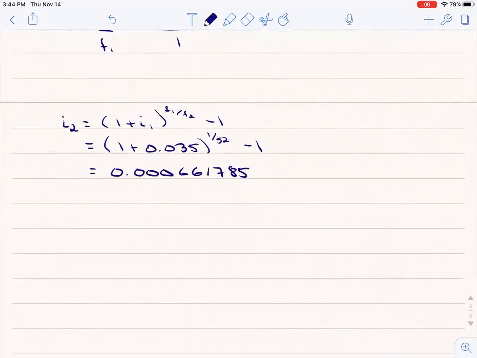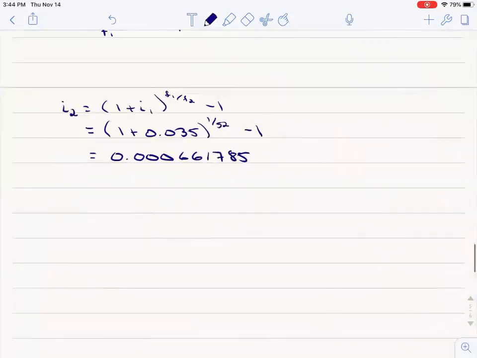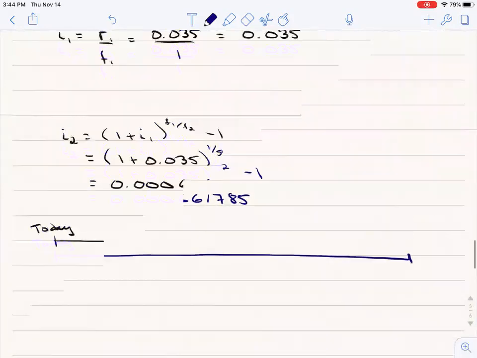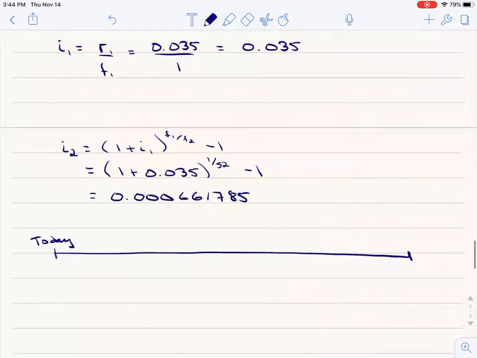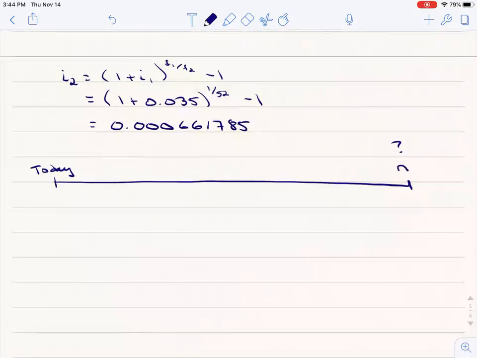We can map this out on a timeline. Let's do that first. Let's say she started today. We don't know how long she's going to make these payments for, right? So I'll just put a little question mark here, but I know it's going to be N payments or N periods.